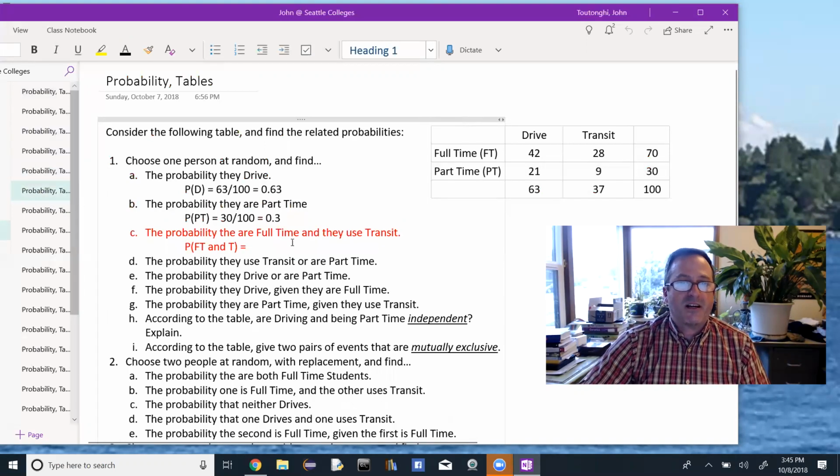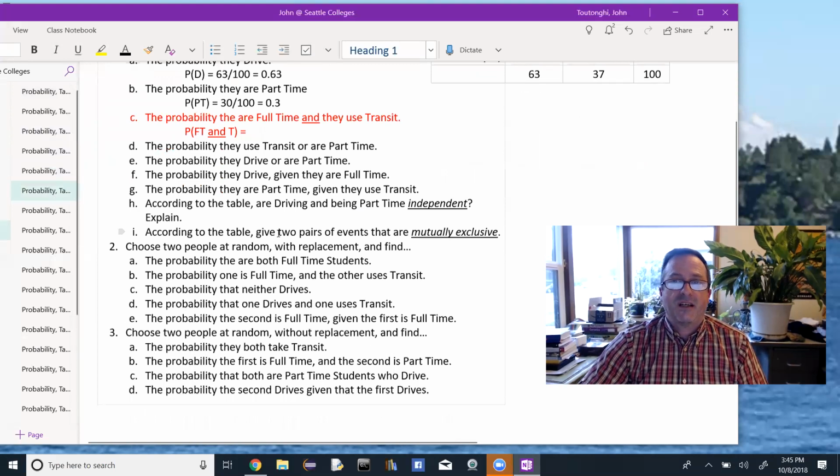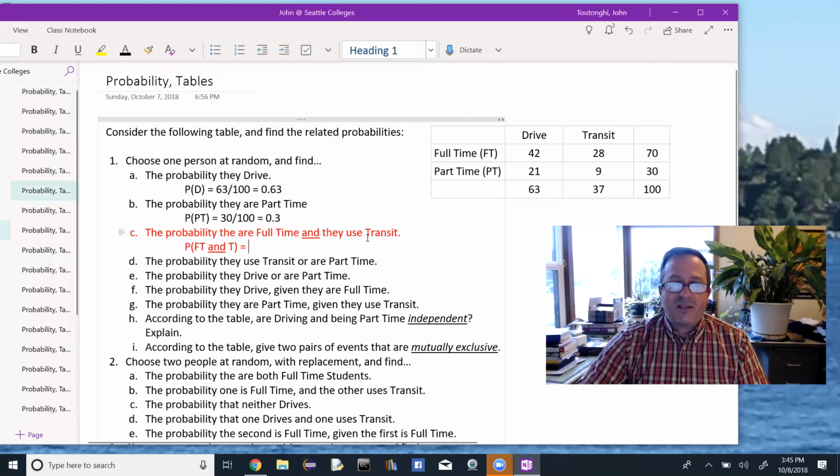The probability that they are full-time and that they use transit. So here I have an and, and again, I can just write that out, probability of full-time and transit in the notation. That notation is worth a point. And when I go over to the table, I could use a formula, but I would suggest that we don't.